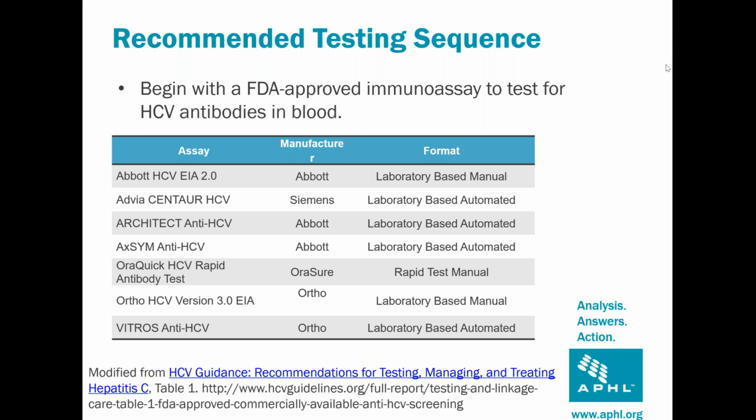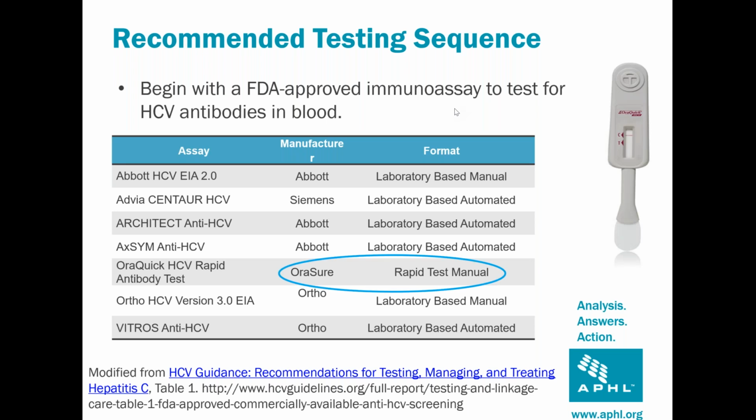In this case, it looks like 6 different laboratory-based assays for antibody detection, both automated and manual. And we also have the one FDA-approved rapid test called the OraQuick HCV by the company OraSure.